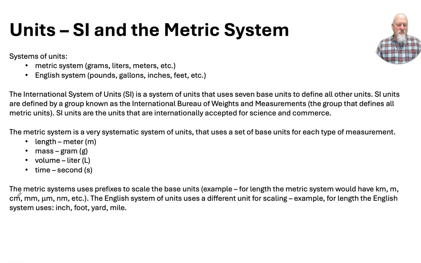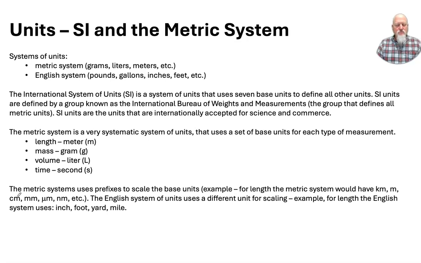So ounces, pints, quarts, gallons, all those units are for volume. Inches, feet, yards, miles for length, and so on, where we have a different name for each different unit, or each different type of measurement.